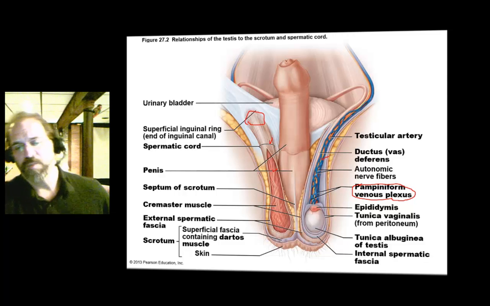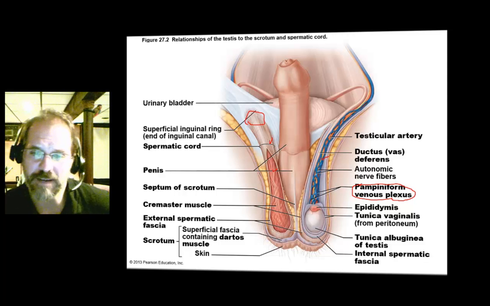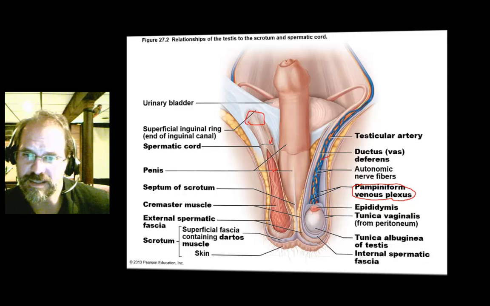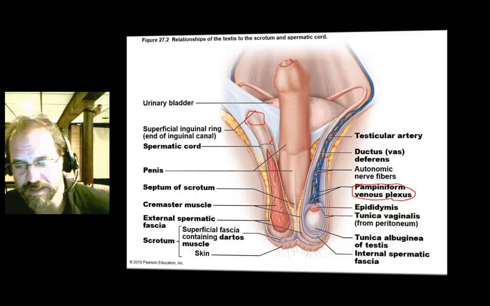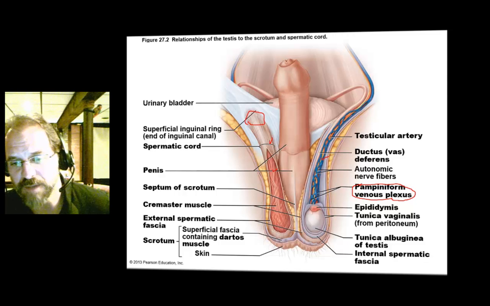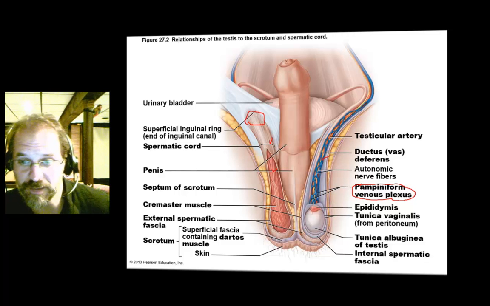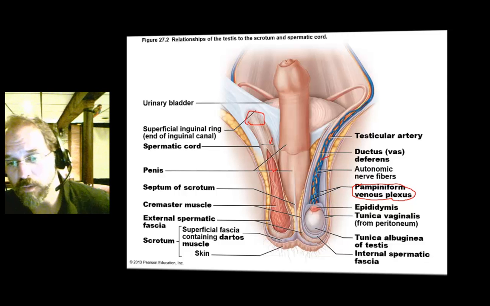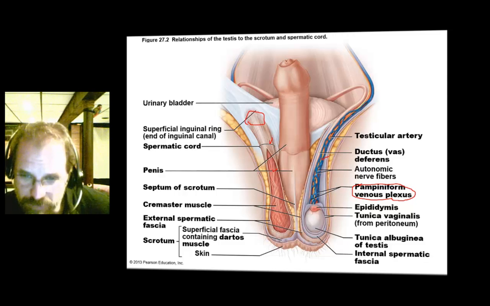They're spread out like that to function as a radiator. As the blood flows up from the testes, I think I said down, I'm sorry, as the blood flows up from the testes back into the body, heat is given up. It can be given up to the internal environment, or more than likely, heat is absorbed from the incoming testicular artery, which is a little deeper.